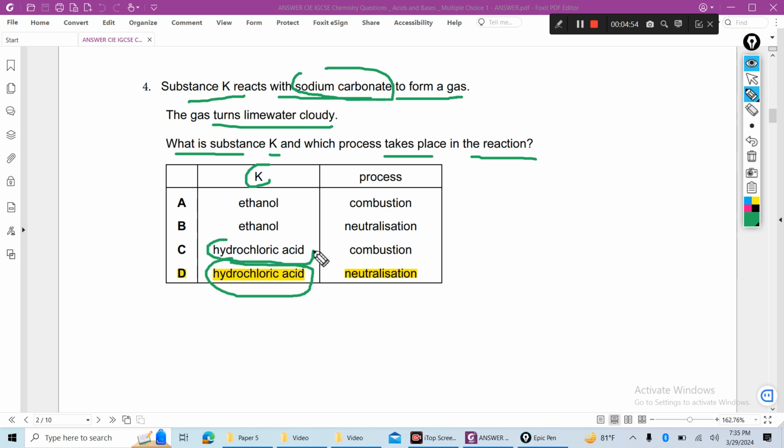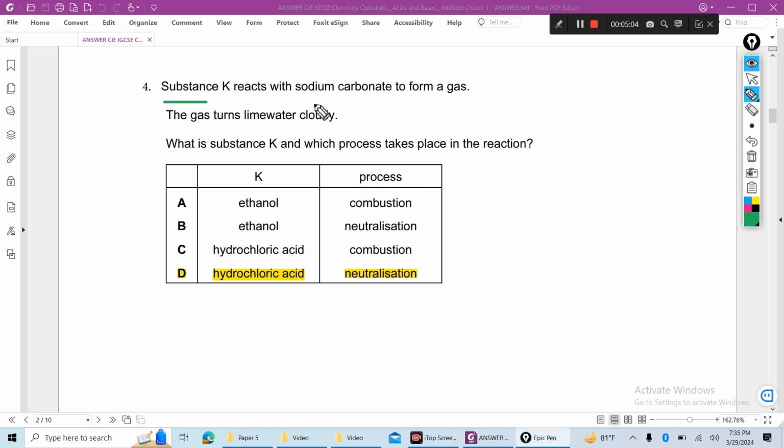You know acid reacts with sodium carbonate. This is not a combustion reaction, this is a neutralization reaction. Sodium carbonate is a base, and acid and base react to form salt and water. This is a neutralization reaction. So D is the correct answer.